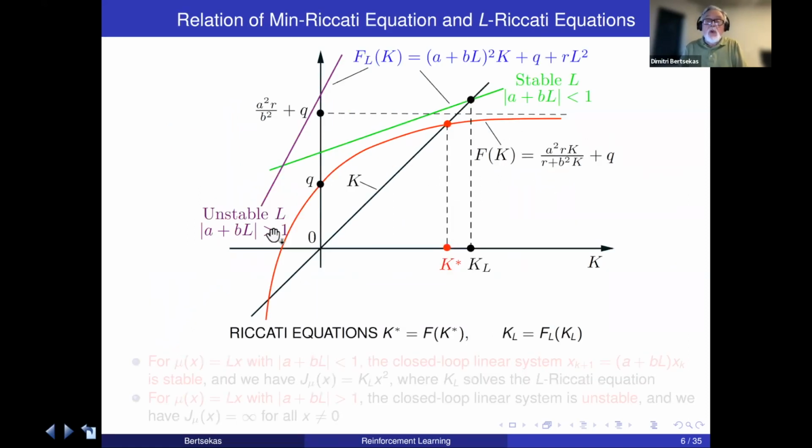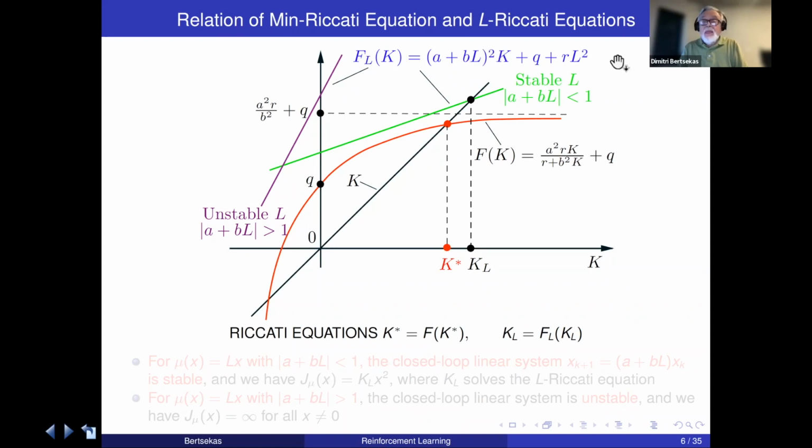Okay, so this is a little bit more complicated. We have the min Riccati equation, which has as right-hand side this red curve. And we have the L-Riccati equation, which corresponds to a linear policy, mu of x equals L of x. And its right-hand side is given by this expression as a function of L, okay?